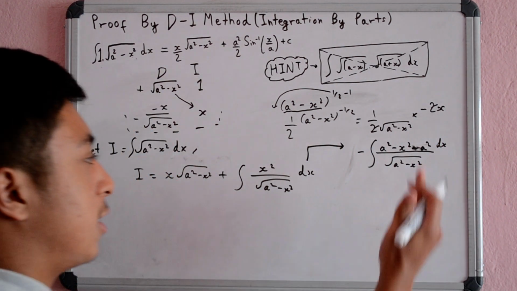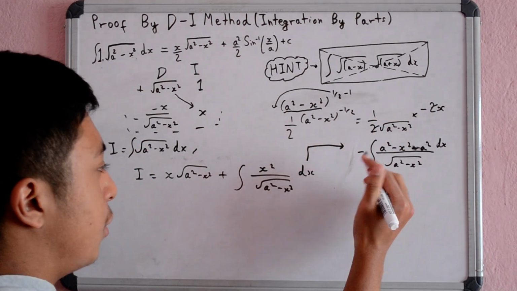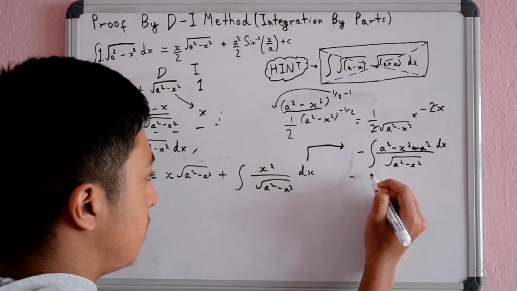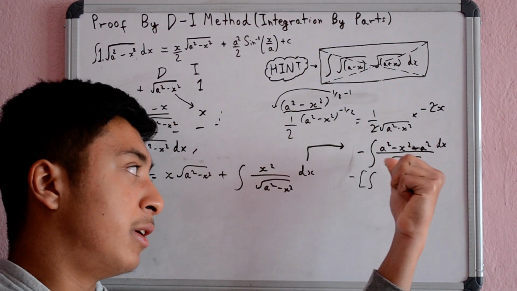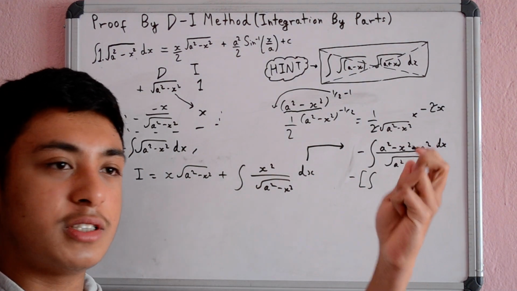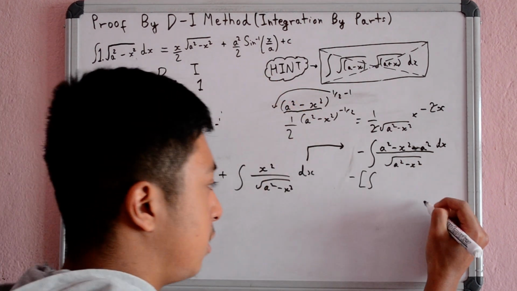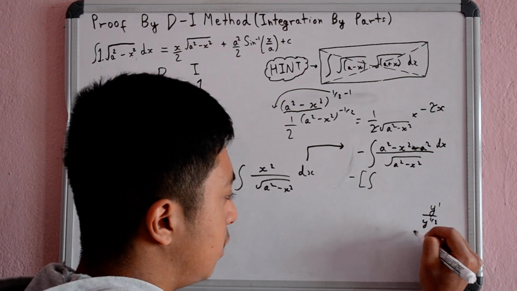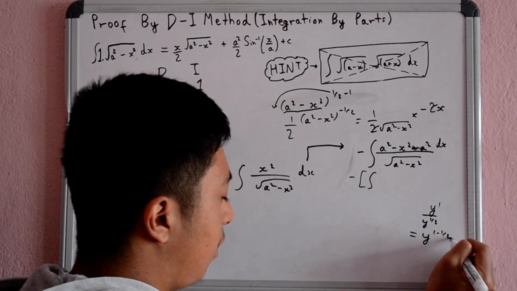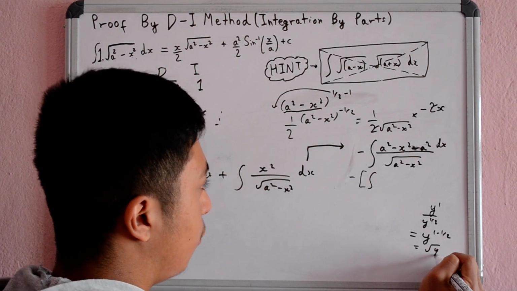And now we can just split these two numerators. So this becomes minus the integration of a square minus x square by its root. Just with the power, it becomes like y to the power 1 by y to the power half, which is just y to the power 1 minus half, which is the square root of y.